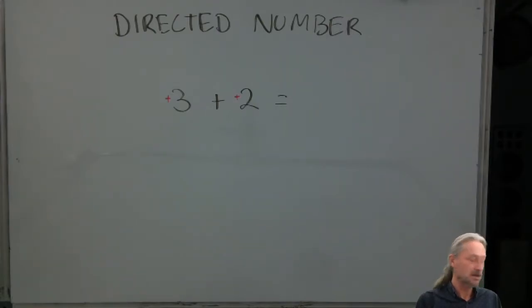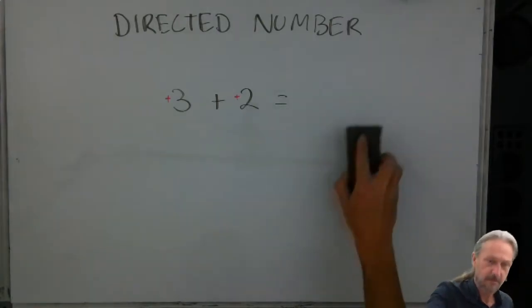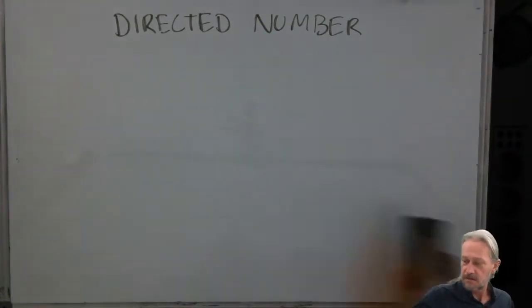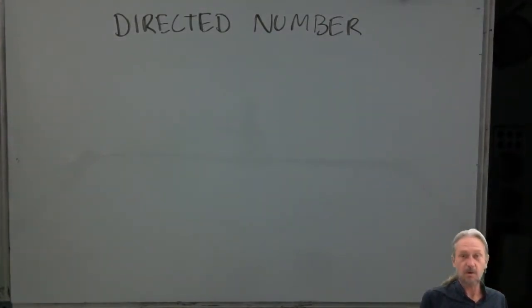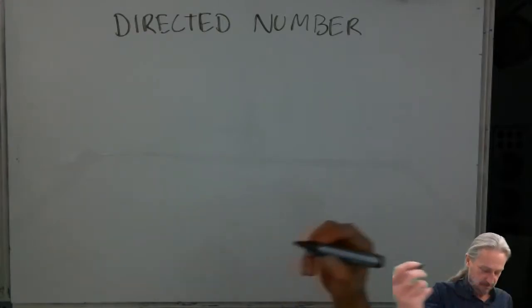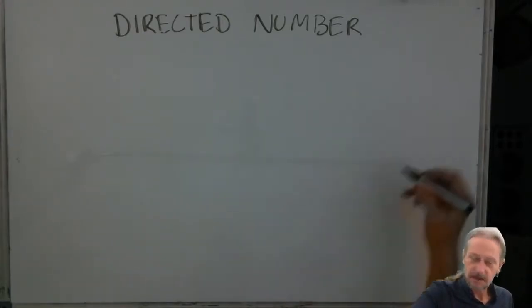So the first thing we're going to look at is what happens when we have two signs together in an addition or subtraction. Essentially, let's write it up here.